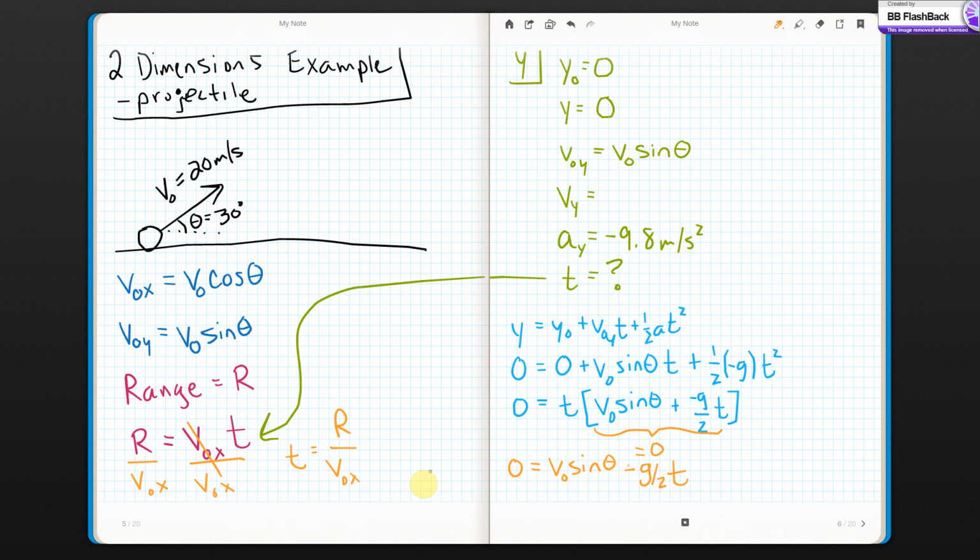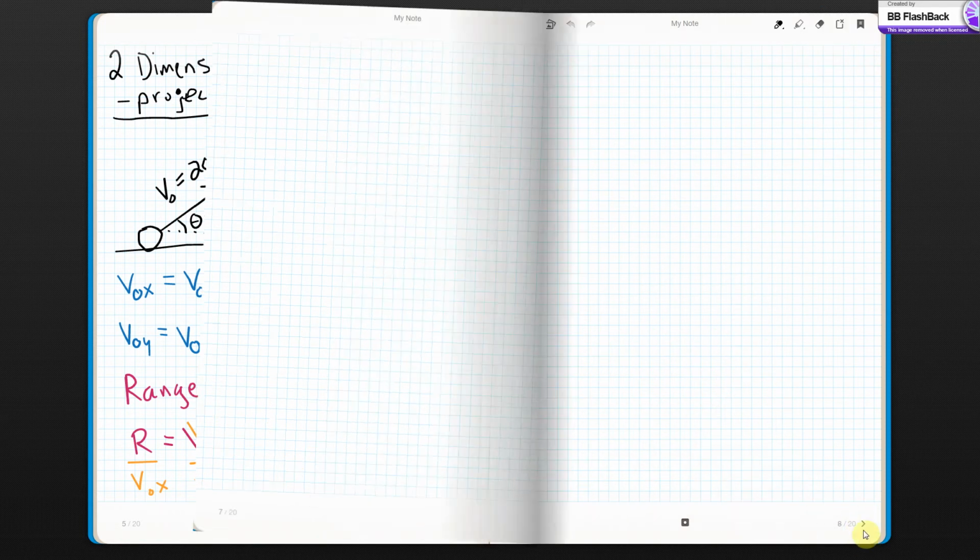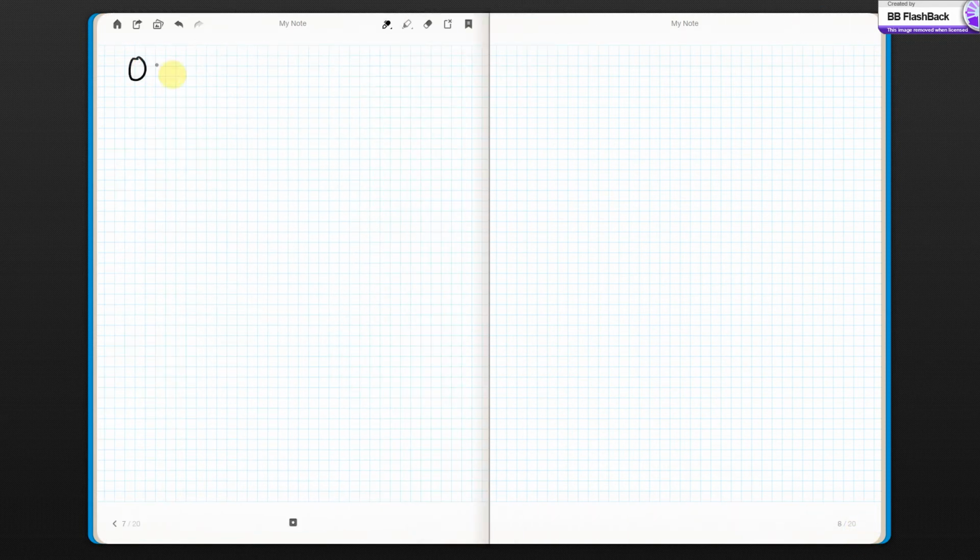Okay, I'm going to plug that in right here. Unfortunately, this is going to be on the next page. Sorry about that. I'm going to go back to black. So I've got v naught sine theta. This is what I had before.